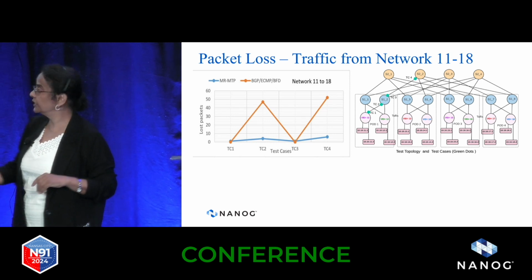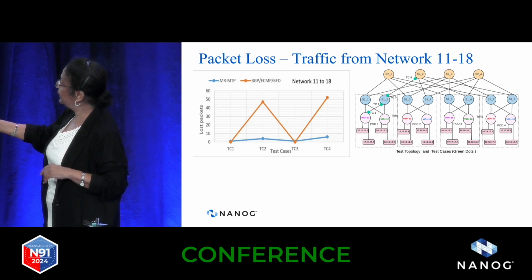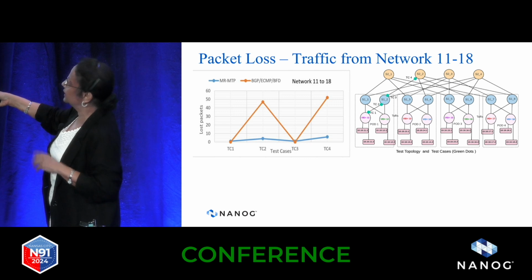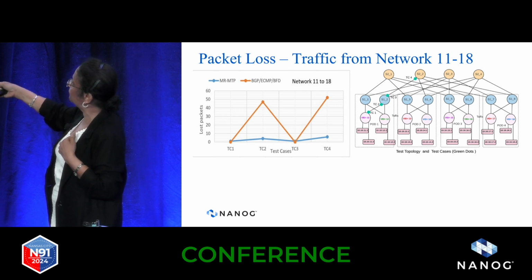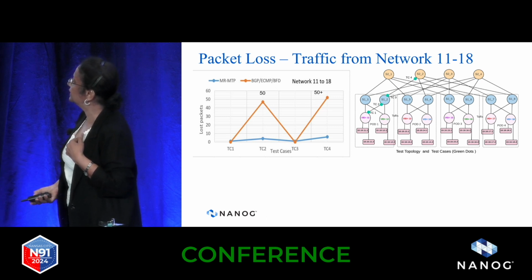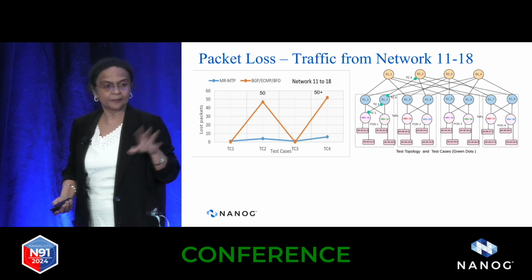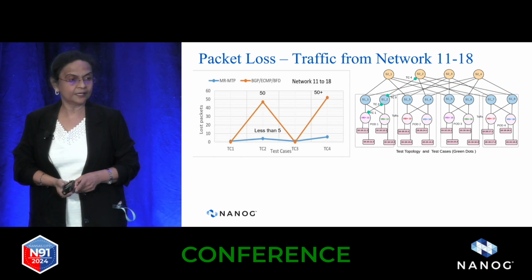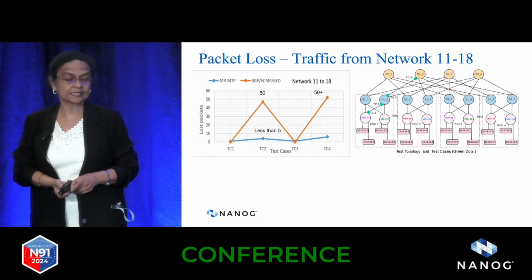Worth noting here is how BGP has a very quick recovery when you fail at TC1 and TC3, but how the performance is heavily impacted when you fail at TC2 and TC4, right? So I'm just pulling out some numbers so you can see that clearly, okay? Again, for MR-MTP, the packets lost was less than 5.